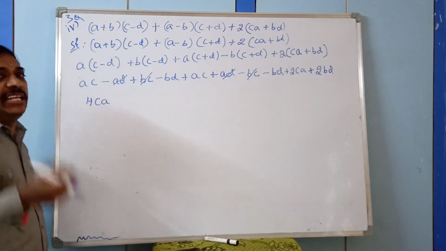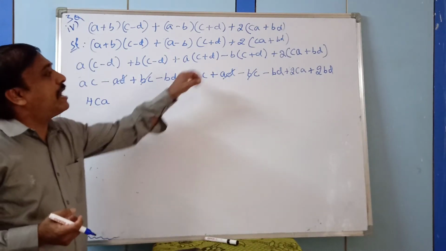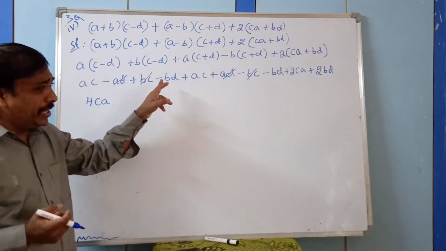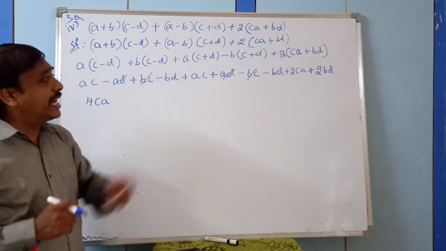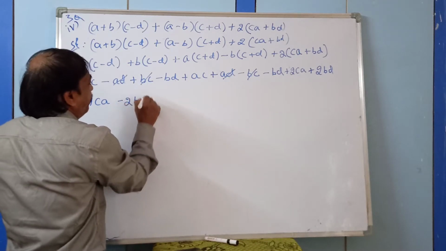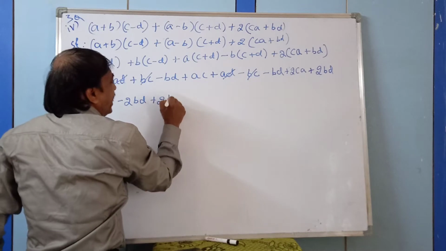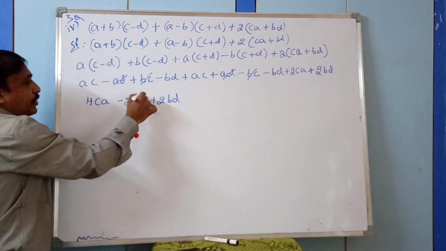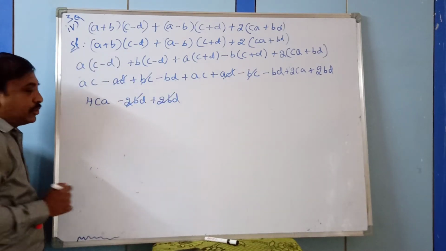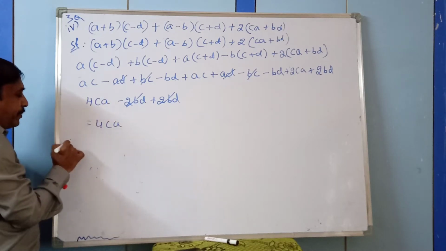Next, now minus BD and minus BD, both minus 1, together is how much? Integer operation. Minus 1 BD and minus 1 BD, so together will be minus 2 times of BD. What term is left over here? Plus 2 times of BD. Now these two get cancelled, minus 2 plus 2. So the result equals 4CA.